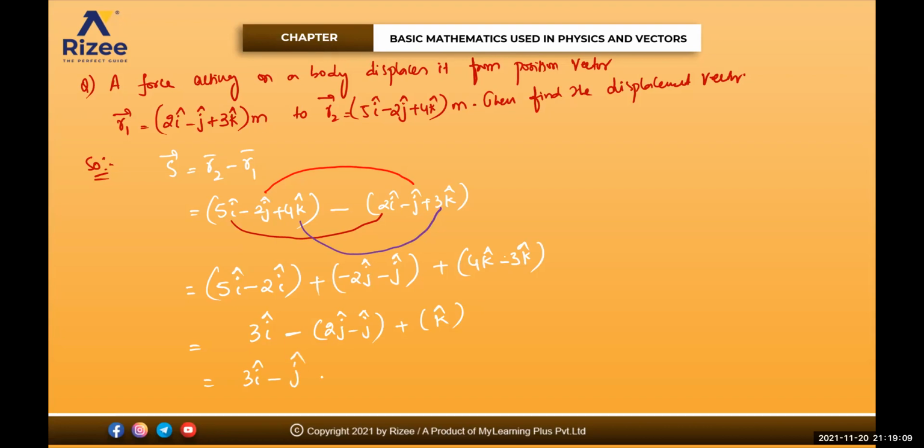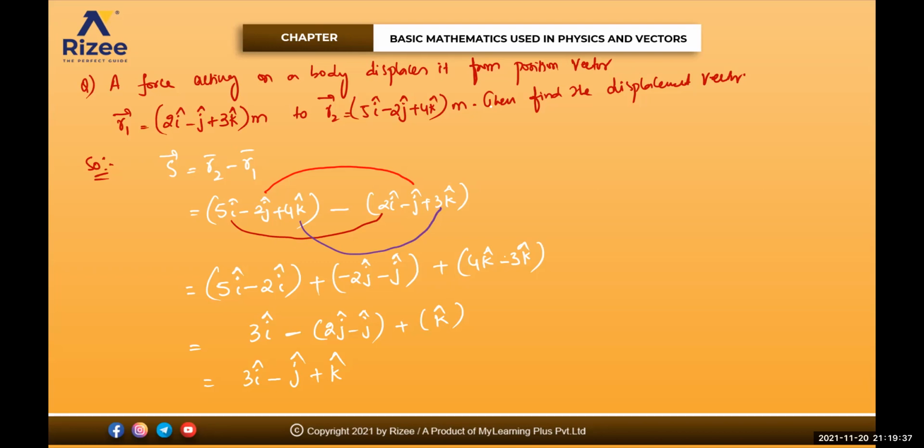Minus 1 j cap, very good, plus this will be the k cap. This will be the answer. Check it. Minus 2 minus j is nothing but minus j cap, beta. Clear?